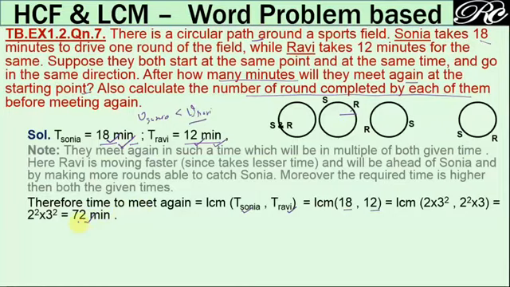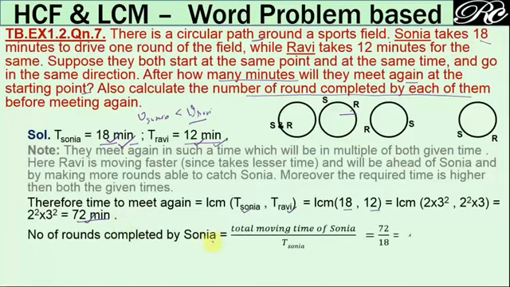In these 72 minutes, we can find how many rounds are completed by Sonia and how many by Ravi. Number of rounds completed by Sonia will be the total moving time of Sonia divided by the time of each round for Sonia.